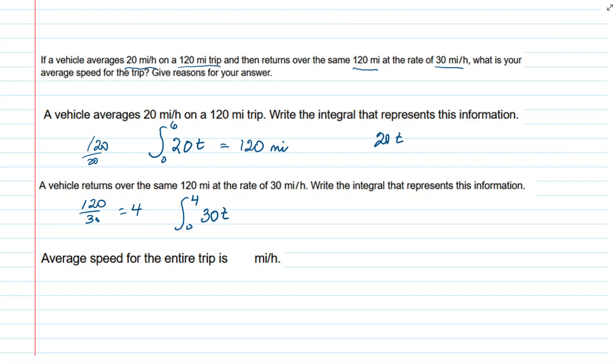So they want the average for the entire trip. All right. So the entire trip took a certain number of hours, right? This guy is 4 hours, because that gave us the 4 hours.